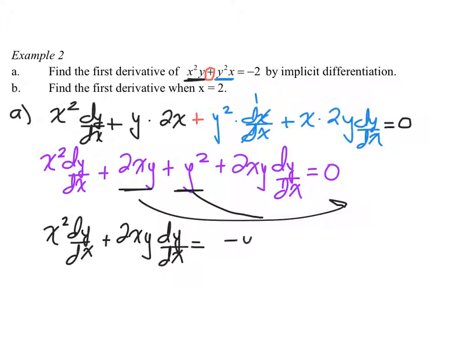So negative y squared minus 2xy. You have a common dy dx, so factor that out.